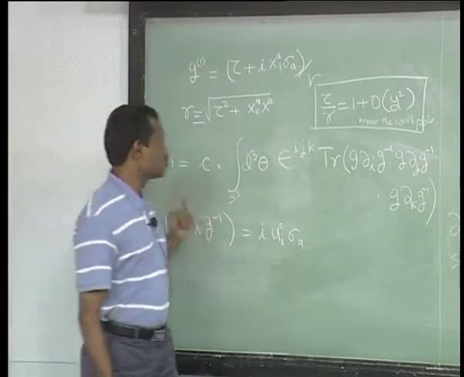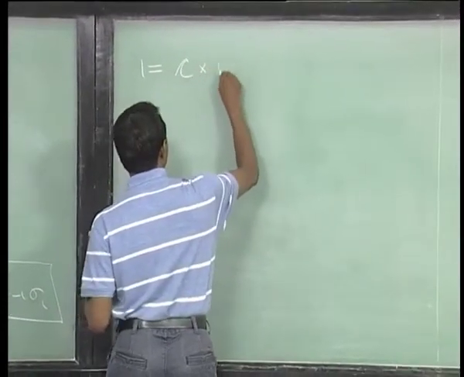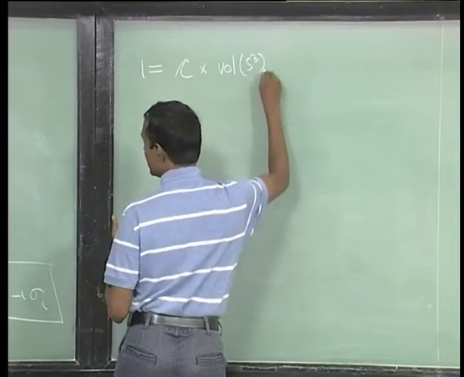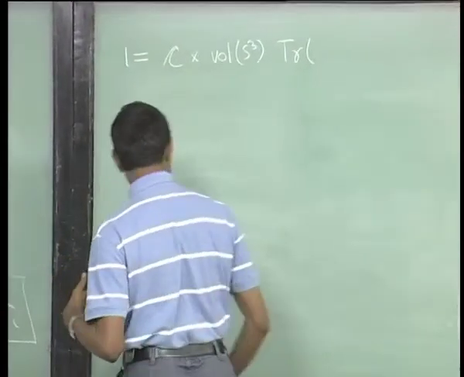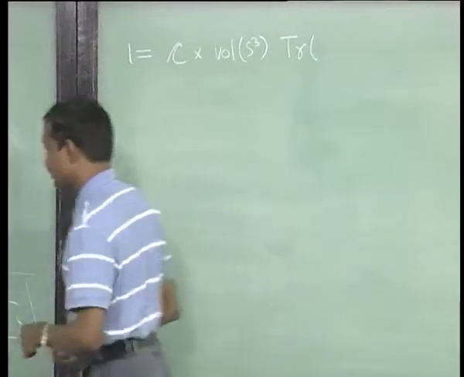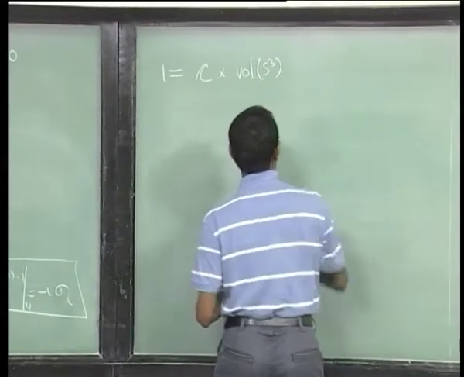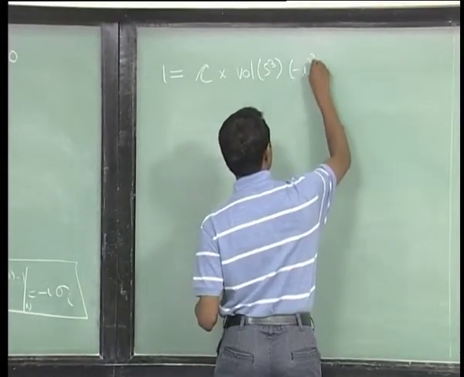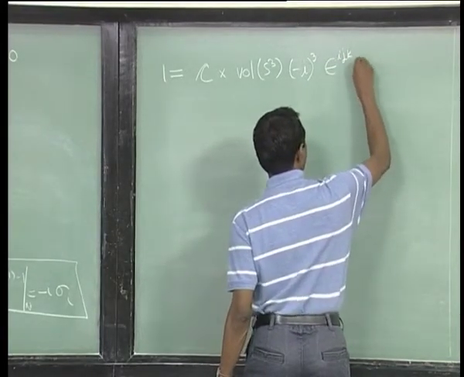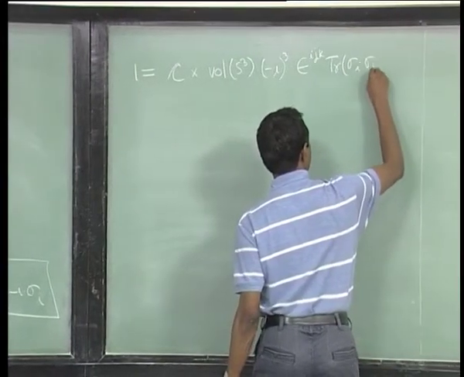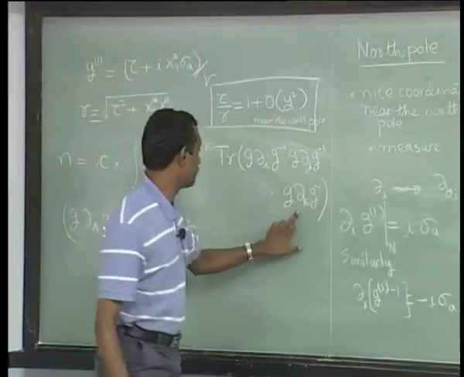It was 2 pi squared. So we see that n1 should be equal to c times the volume of S3, times this trace, there will be a minus i, so let me pull out the i cubed, epsilon_ijk, that is all that remains.